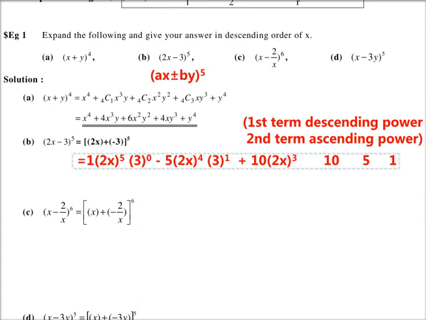Okay, so this one, the second term, the first term descending, it's power 3. Second term, ascending, power 2. Then this one, follow. Follow should be negative. 你唔使跟佢嗰個其實。No need to follow the notes here.